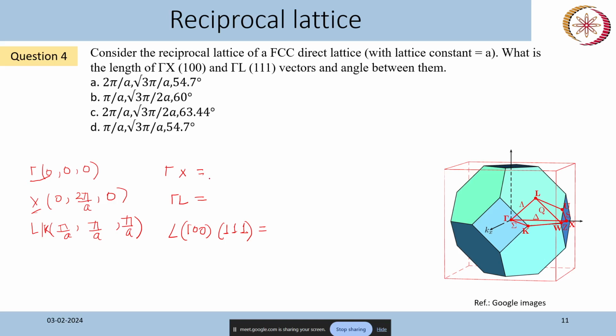Option A. Okay, let me calculate it also, so I will be sure that way.